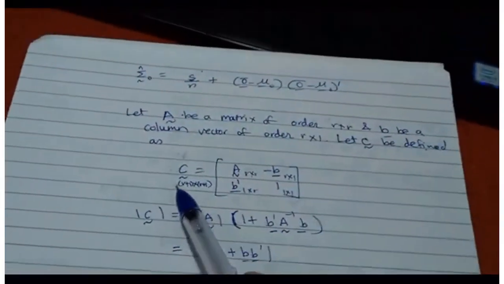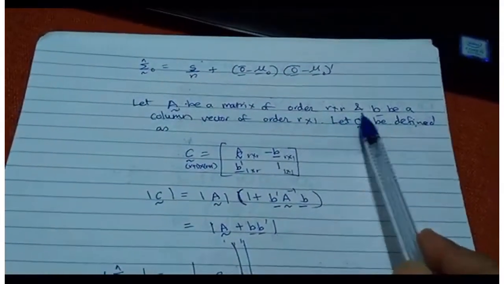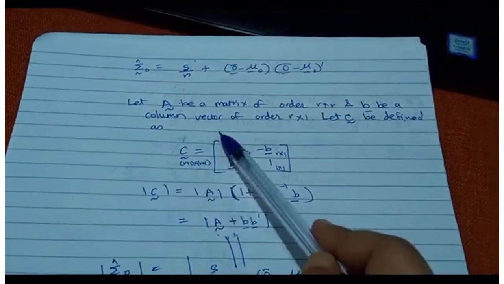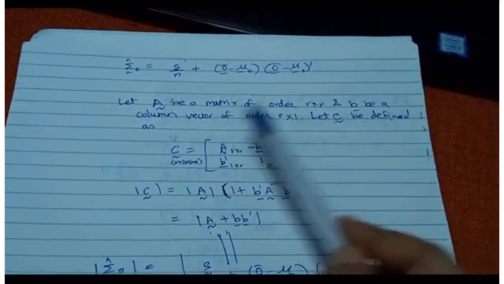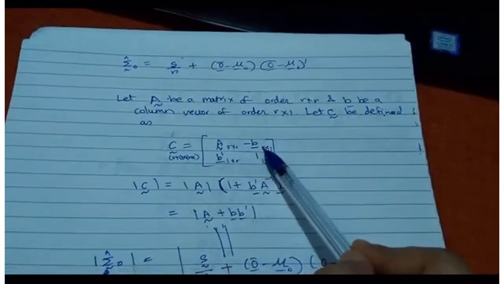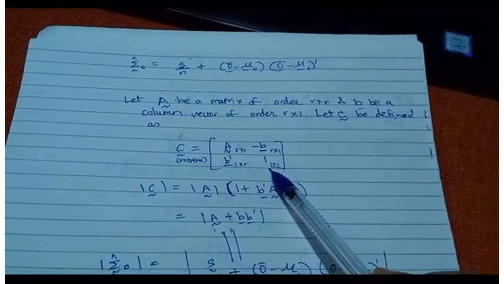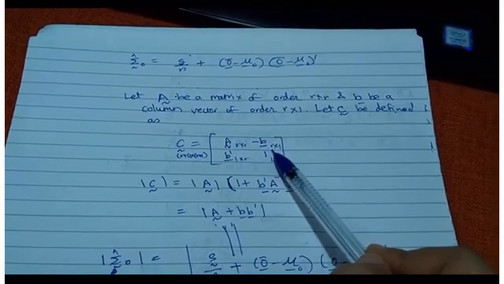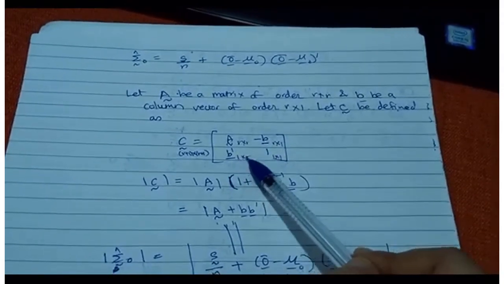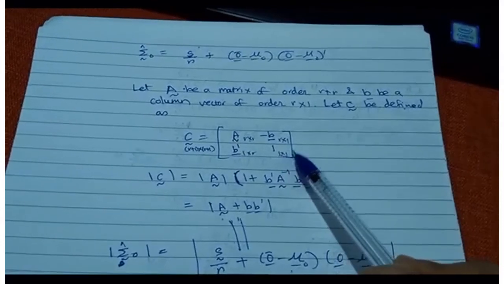So the result is this: let A be a matrix of order r cross r and B be a column vector of order r cross 1, and we are defining the new matrix C as A, B, B prime and 1. Let us check the orders. A is r cross r, B is a column vector, so r cross 1, B prime will be 1 cross r, and 1 is a scalar, actually 1 cross 1.